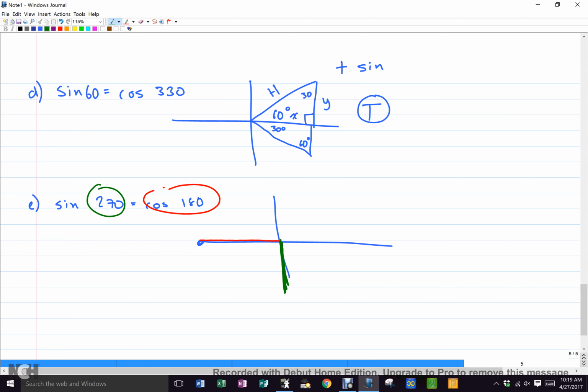So now all you got to do is recognize that they're both going to be negatives. So that is true. Because this guy, this red one, C-A-S-T, so this cos has to be negative, and this sine has to be negative, and since they're both on axes, they're going to be the same.